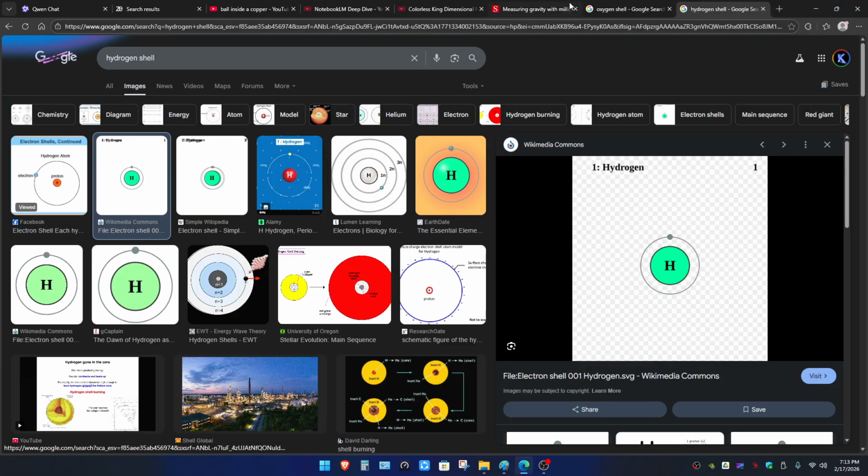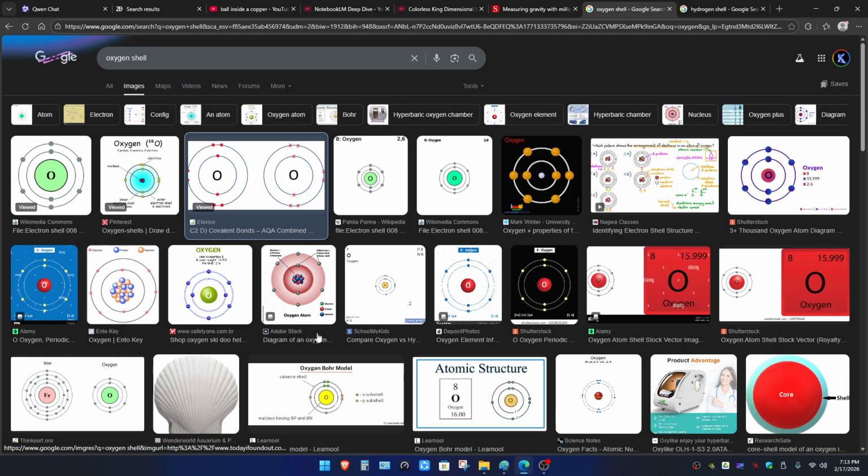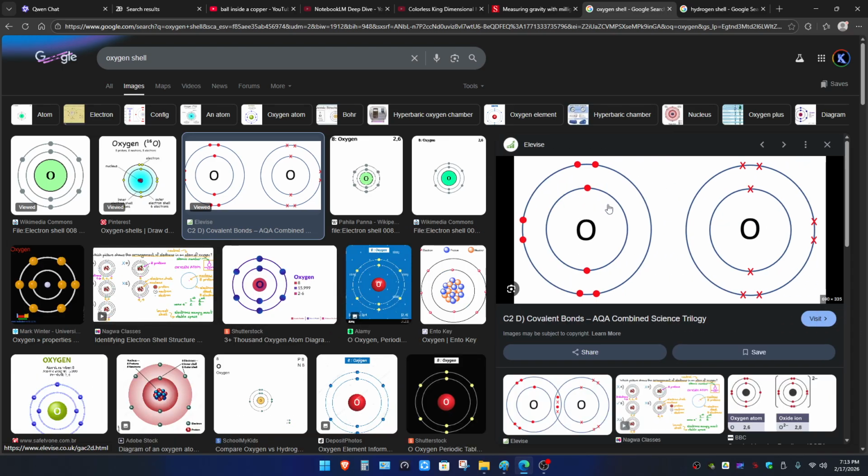And the oxygen shell. Now let's look at the oxygen shell. It has two shells, shell 1 and shell 2. In shell 2 there are 6, and in shell 1 there are 2.